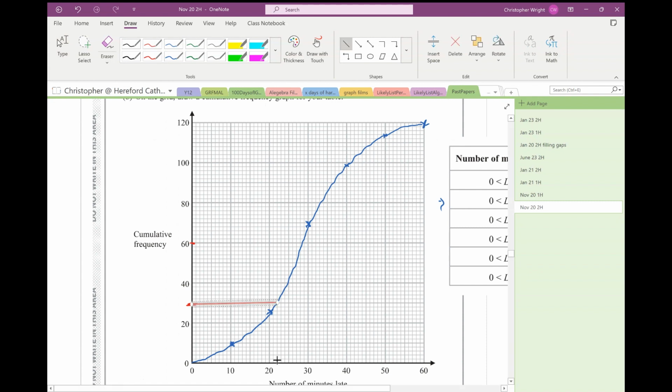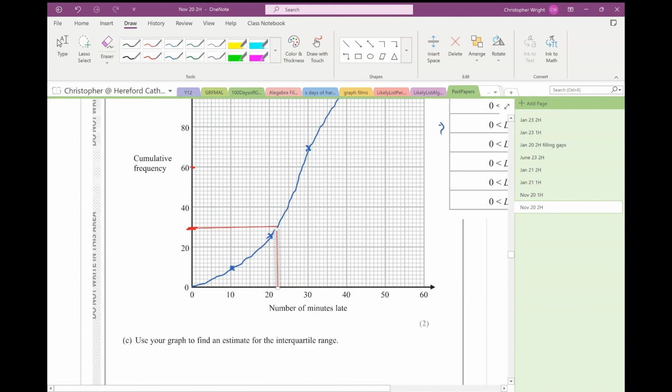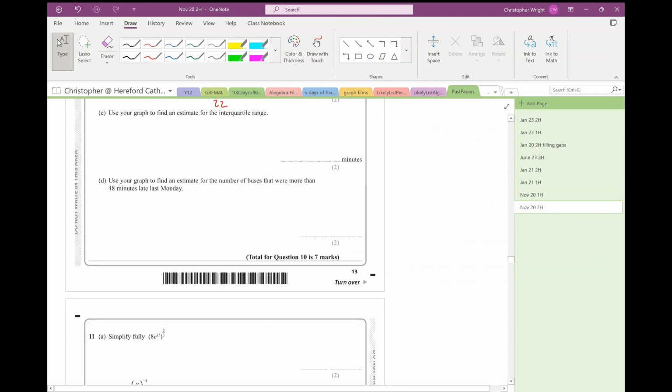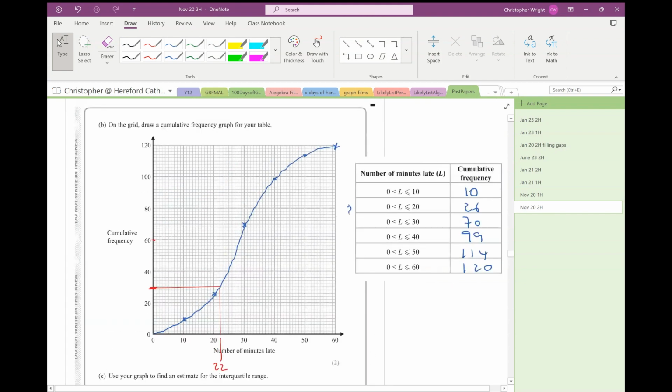Much easier for you to do this on paper than it is to do it on the screen. So the lower quartile there, the 30th bus, how late is that? 22 minutes late. And the upper quartile, well, if the median's 60 and it goes up to 120, the upper quartile is going to be the 90th bus. That's there, halfway between 60 and 120.